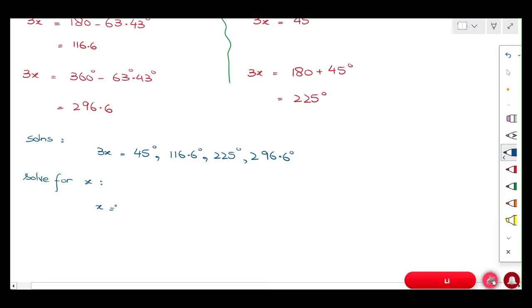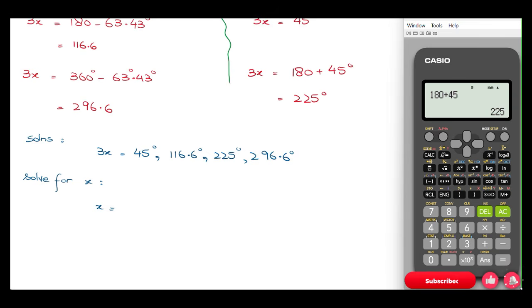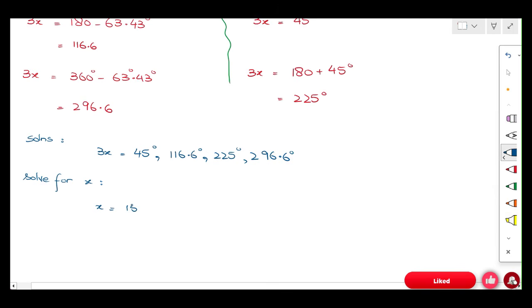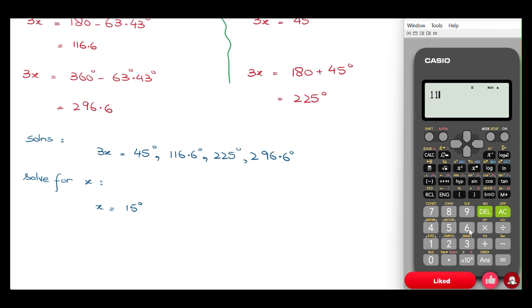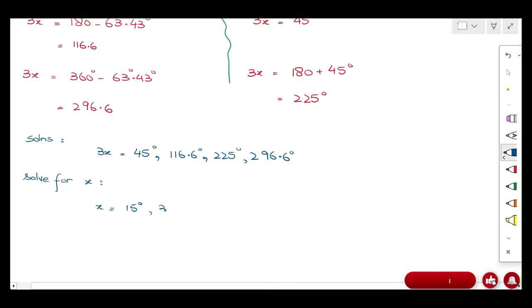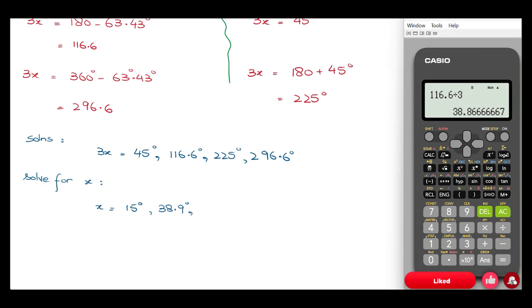So x is 45 divided by 3, which is 15. 116.6 divided by 3 is 38.9 degrees. Sorry, 38.9 degrees, not 36. Double check: 38.8 and 9, rounded to 9.